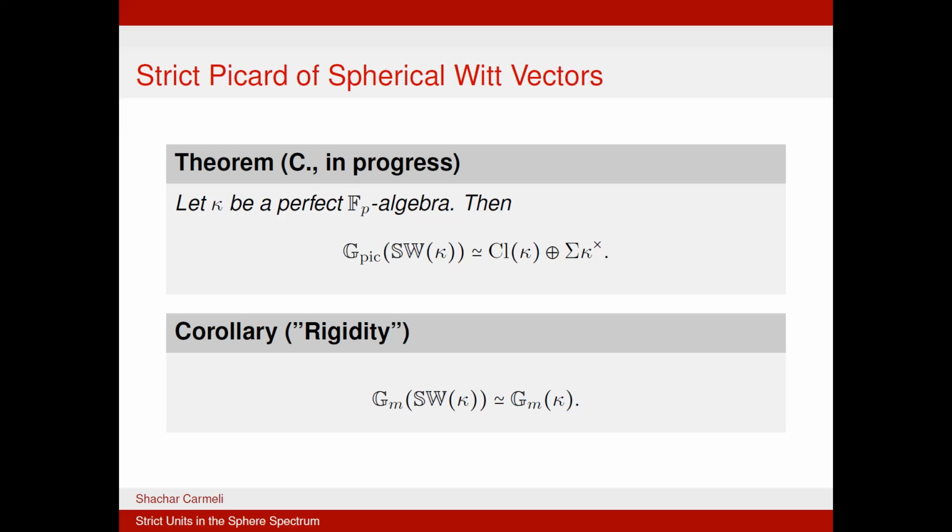Scroll down. Sure, thank you. And then I had one other question. Scroll down in the window you just closed. The theorem in progress here, does this approach just follow the approach that you took for the p-complete sphere spectrum? Is the essential input still somehow that p is invertible? Well, they are organized slightly differently. The main feature, let me just say what is used: the spherical Witt vectors have the following two properties.